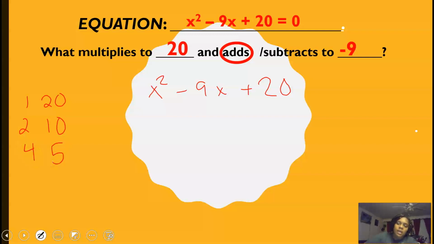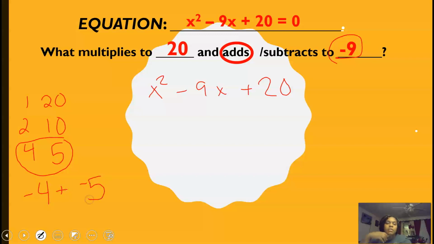So of these, which ones, if I add or subtract them, would I get 9? Immediately, 4 and 5 stick out to me. However, I need a negative 9 because that's what it states here. Well, negative 4 plus negative 5 would give me negative 9.